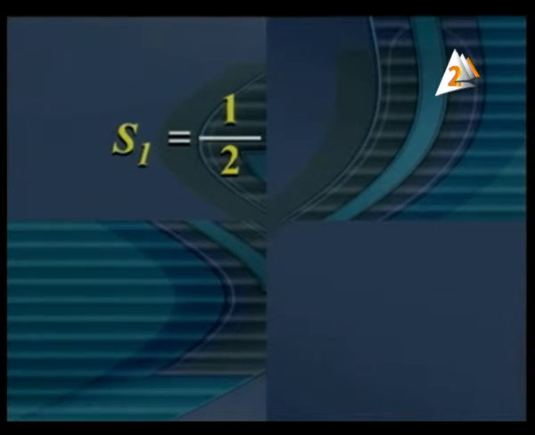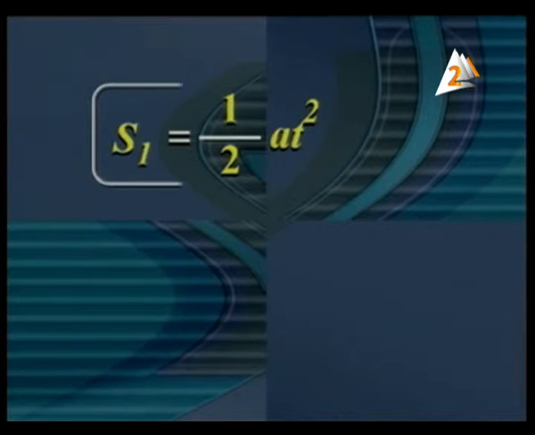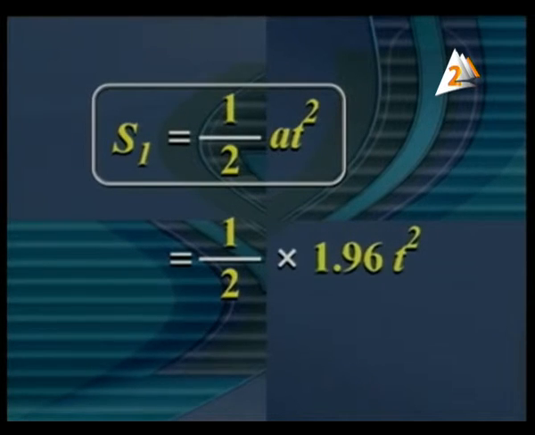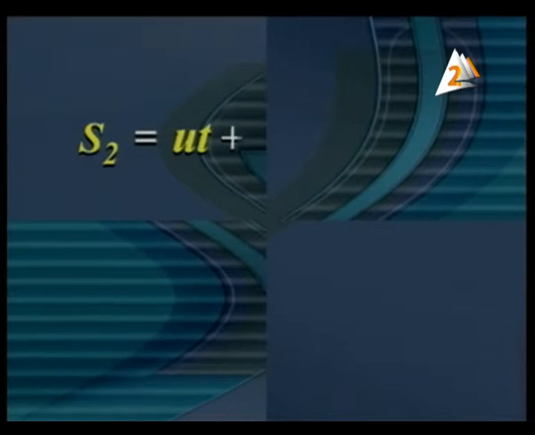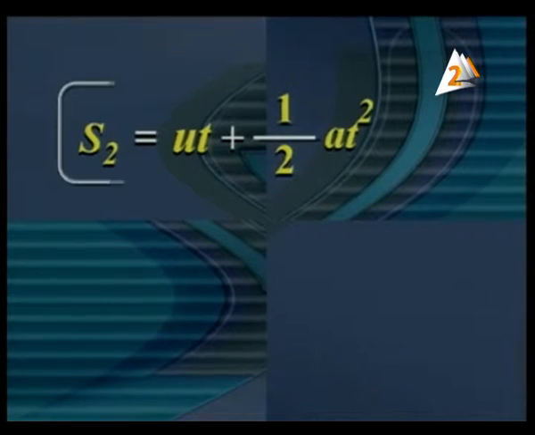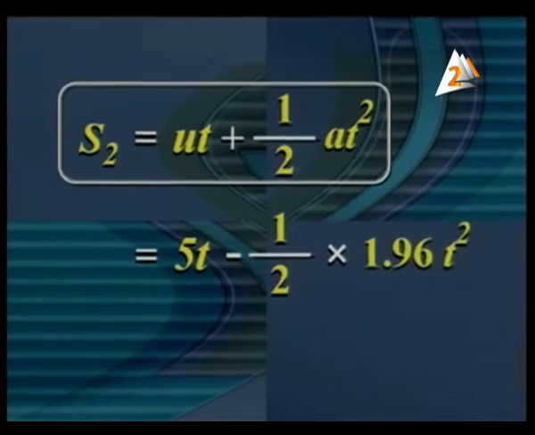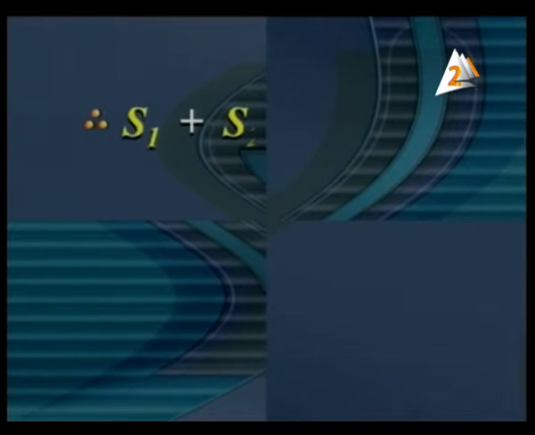So S1 equals half a t squared, which is half times 1.96 t squared, and S2 equals ut plus half a t squared, which is 5t minus half times 1.96 t squared.